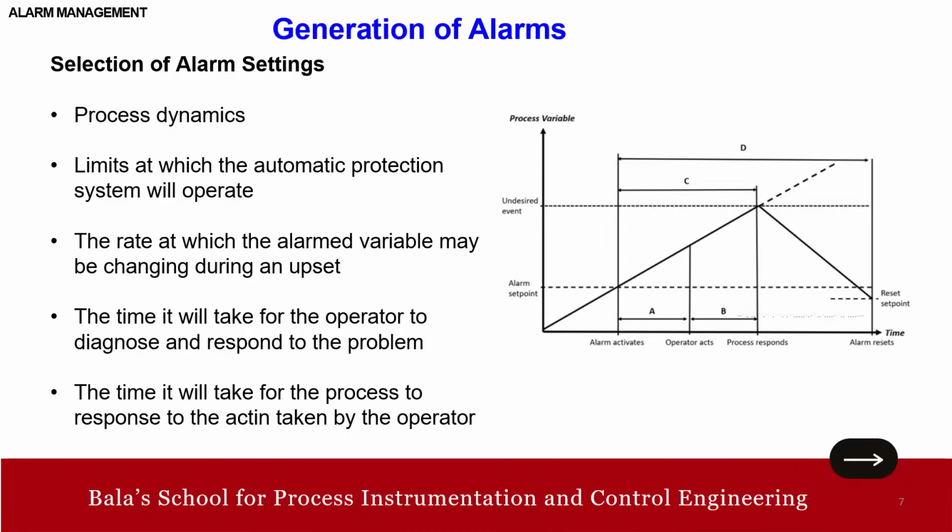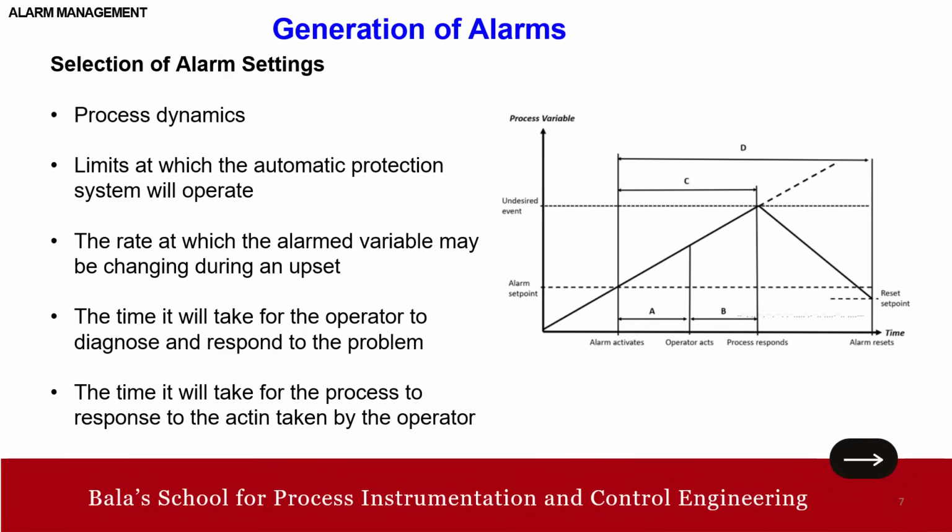We have to redesign the plant and its controls to provide a greater margin between the normal operating limit and occurrence of the undesired event. This is the most desirable solution, but often it is not practical, isn't it? We can't put a great margin between normal operating limits and occurrence, right? So that is not possible.